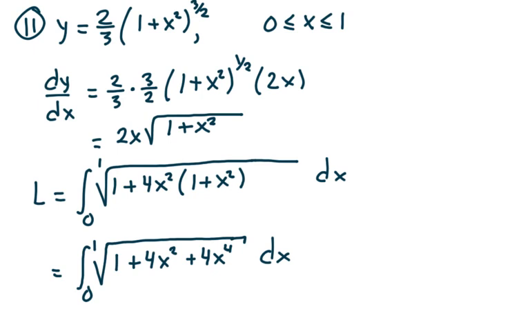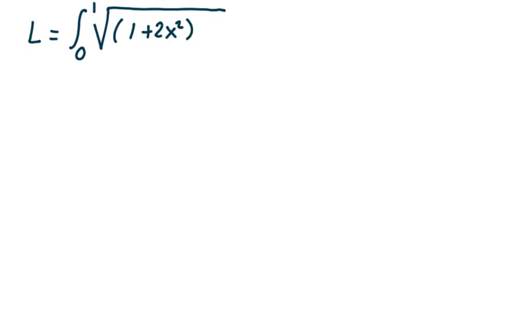But do you notice how the radicand is a perfect square? That's not an accident. And so here, L is the integral from 0 to 1 of the square root of 1 plus 2x squared raised to the 2nd dx. Now, most certainly, I can write this as the integral from 0 to 1 of 1 plus 2x squared dx.